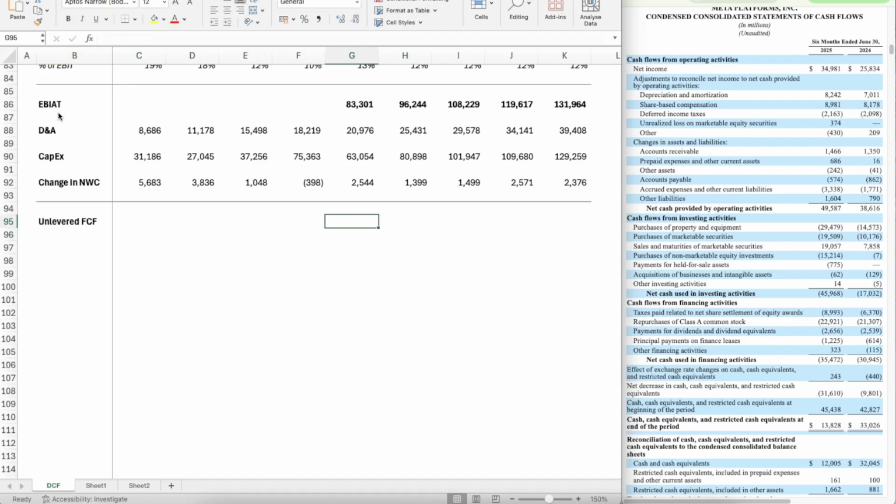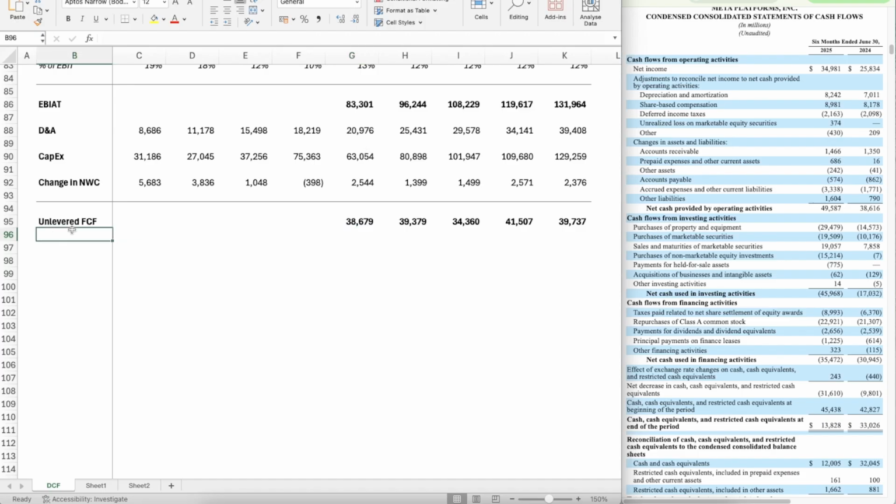We go equals, we take the EBIT, we add back in depreciation and amortization because it's a non-cash expense. We then subtract the CapEx, we subtract the change in net working capital, and this gives us our unlevered free cash flow. And we pull it across to there.